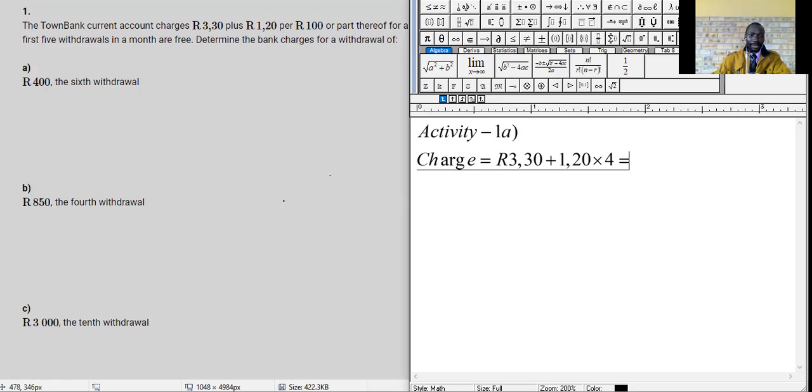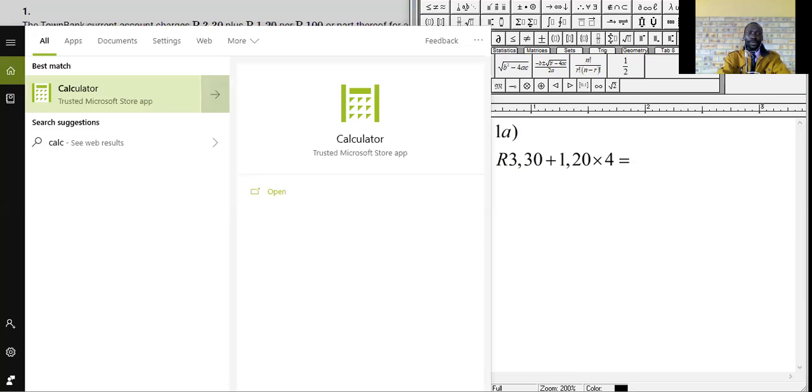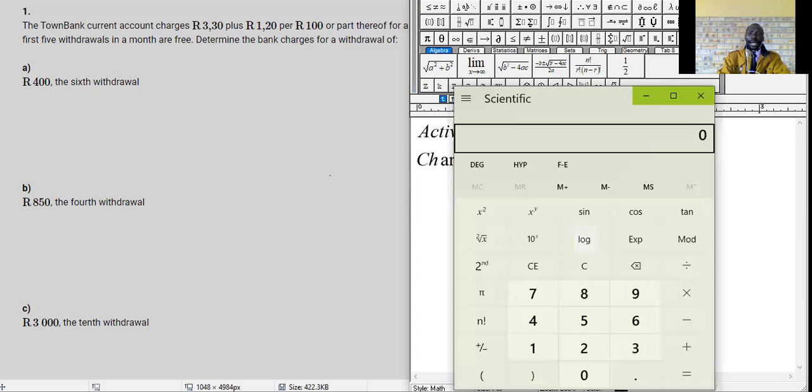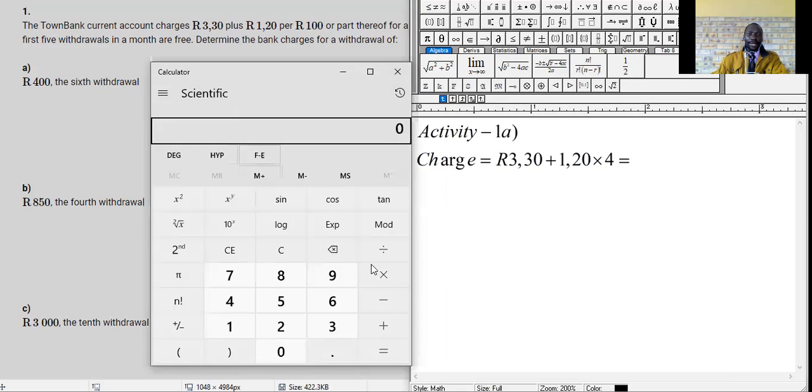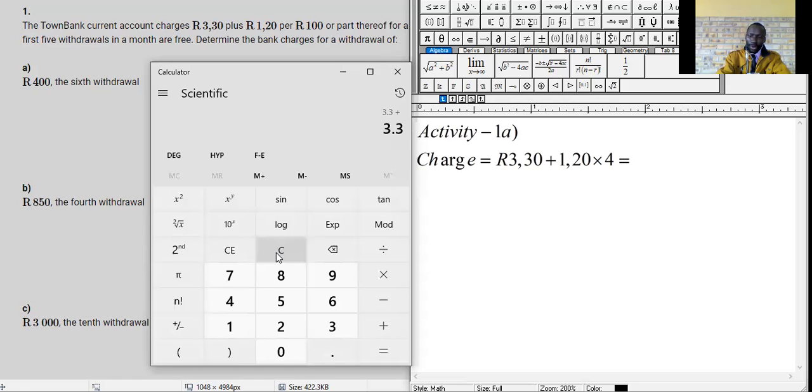Well, let's get our calculator on board here. 3.30 is supposed to be added to 1.20 times 4.